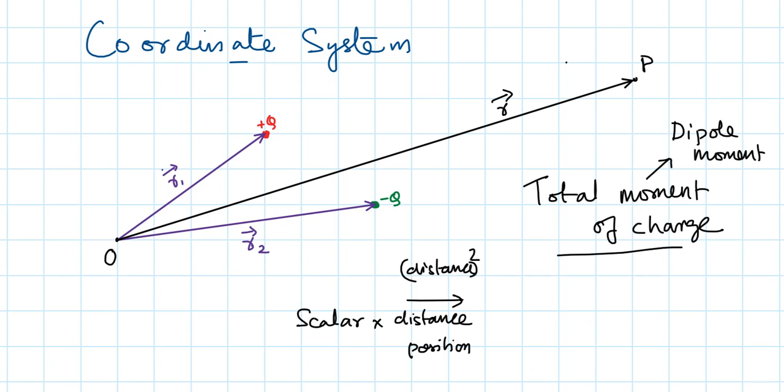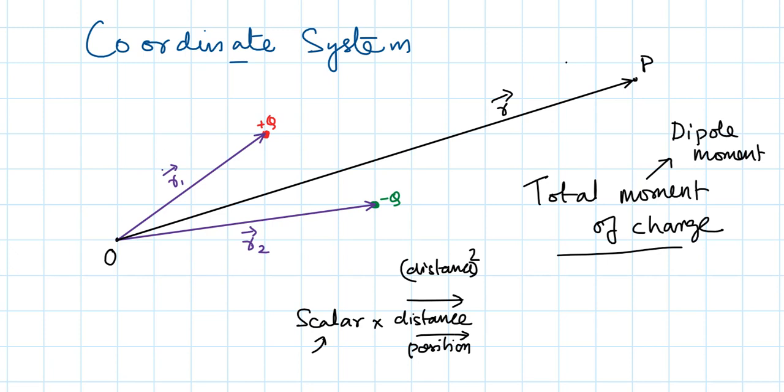So any quantity which is associated with a distance raised to some power can be multiplied with the scalar quantity, and this will give you a quantity known as the moment of that particular scalar. So moment of a scalar is just a product of that scalar quantity times distance or position vector or distance squared or distance cubed. So it can go on further as per the definition.